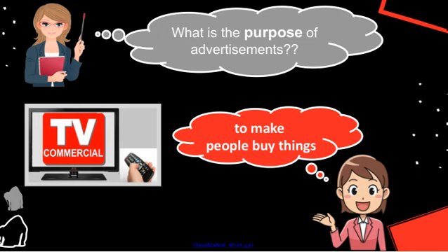They often appeal to our emotions, aspirations, or even our fears to persuade us. Remember, this ties into the overall theme of how advertising shapes consumer behavior. It's not just about informing you, but about influencing you in subtle, strategic ways to choose one product over another. So, behind every ad, there's a purpose: getting people to buy things.